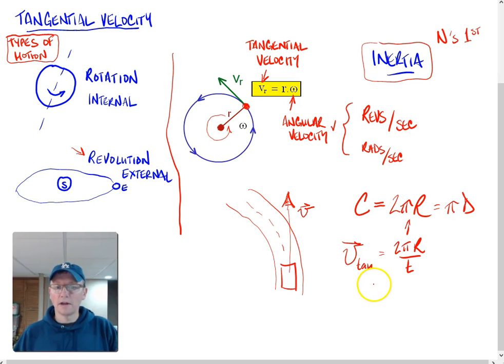If you're moving in a circular path, the distance around the path is found by the circumference. And if we want to find the speed, you have to figure out the time that it takes to move in that path. So if we divide the distance you travel by the time that it takes to travel, you end up with the speed. And the speed is just the velocity with the extra added information of having that direction, and that direction is tangent to the circle.